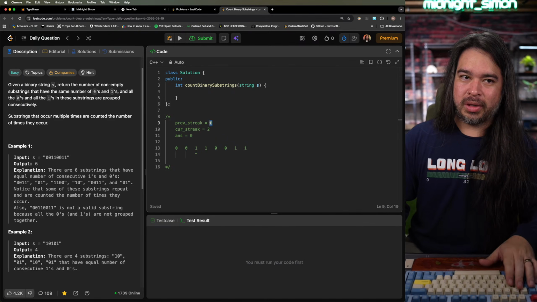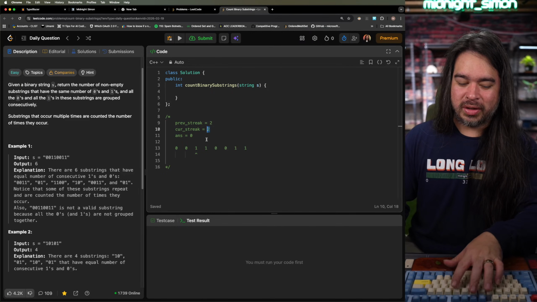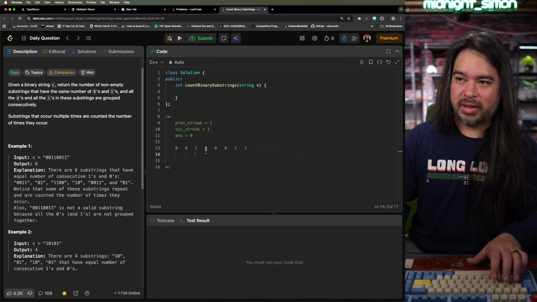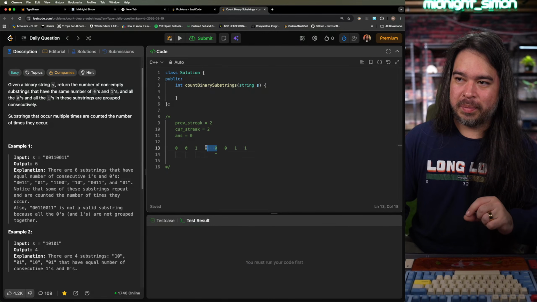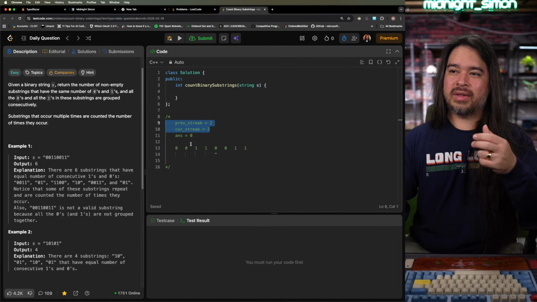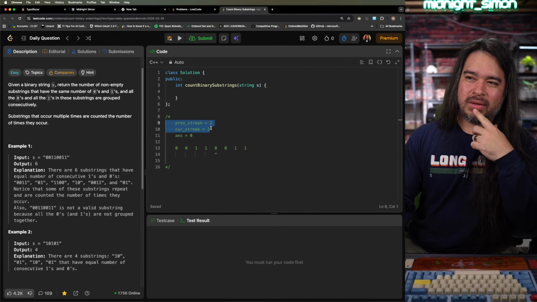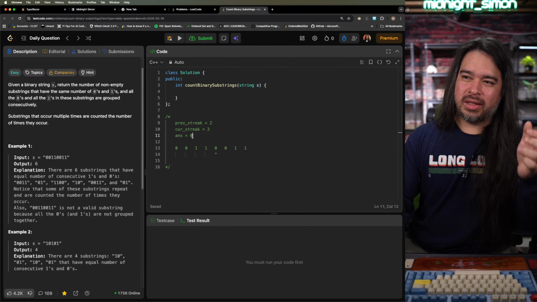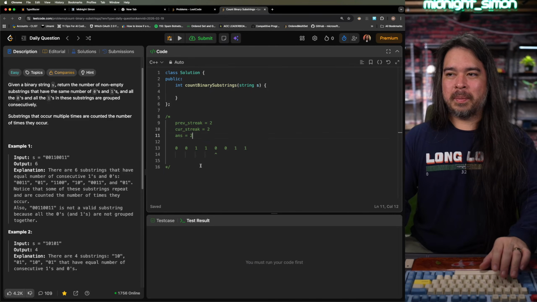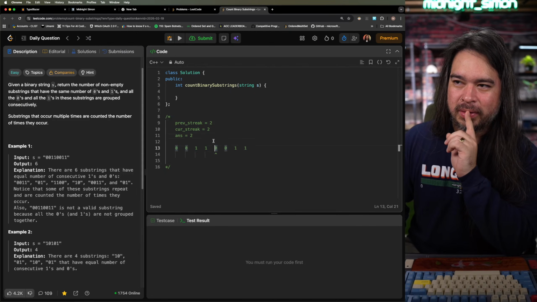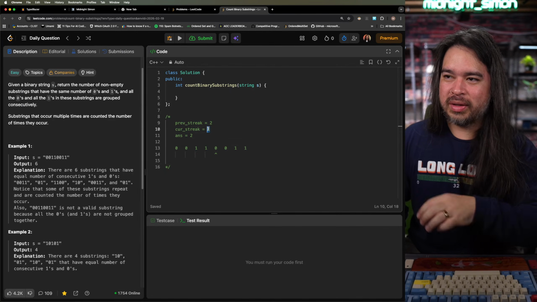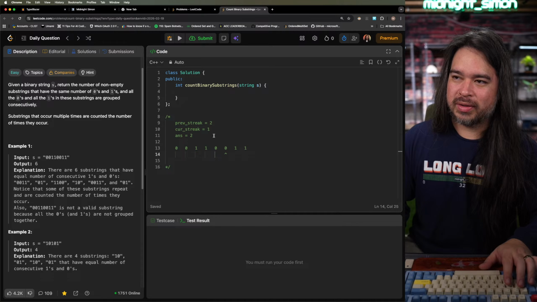But now our previous streak is 2, our current streak is 1. And then we go next, our current streak is 2, and the streak is broken, so we add the minimum of previous and current. That's 2, so we add 2 to our answer. And then the previous is 2, and the current now is 1, and we go next.